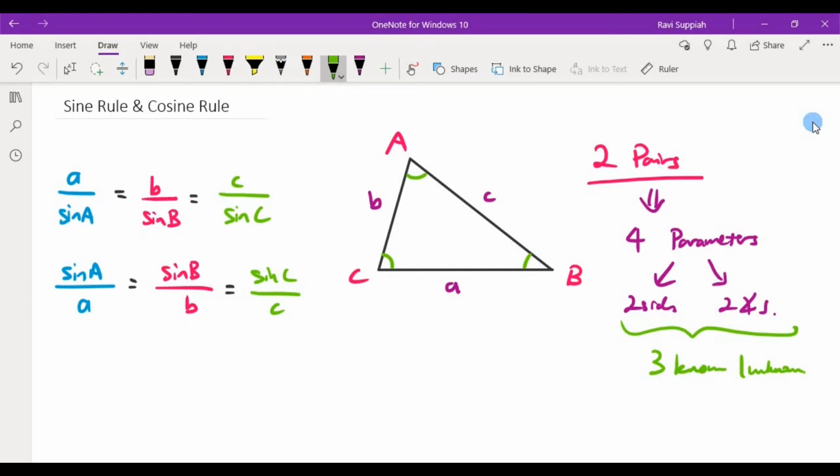So out of the four parameters for any pair that you choose, you must make sure that three of them you know, then the one unknown you can find out. That is how you apply the sine rule. Please look through the examples on my website to see how you apply it to actual numbers. Right now I'm going to go over to the cosine rule.